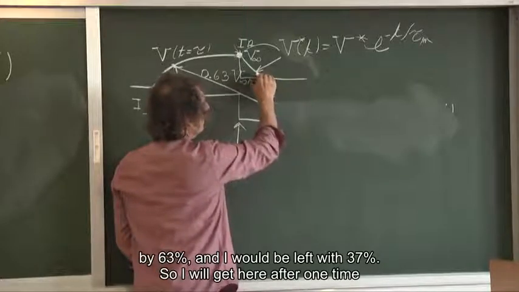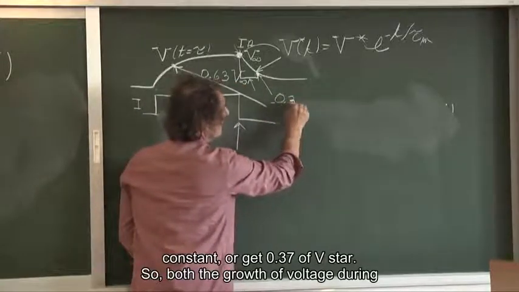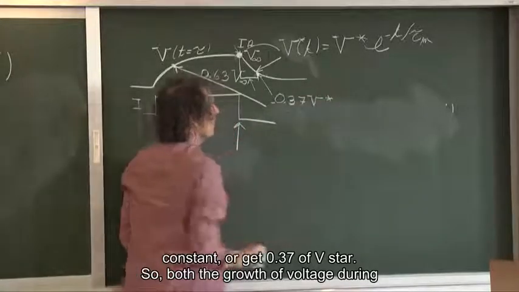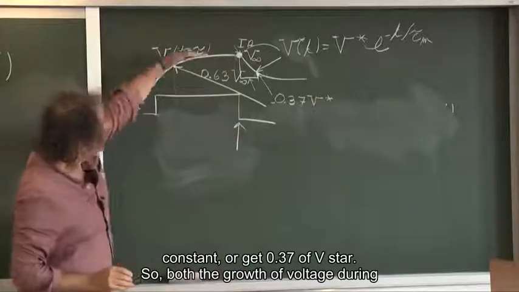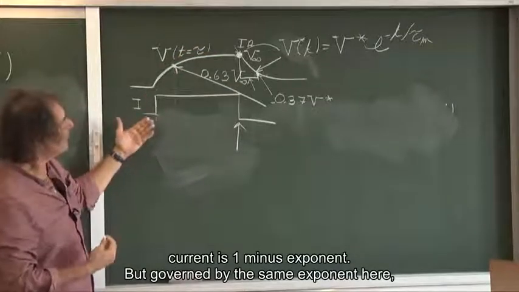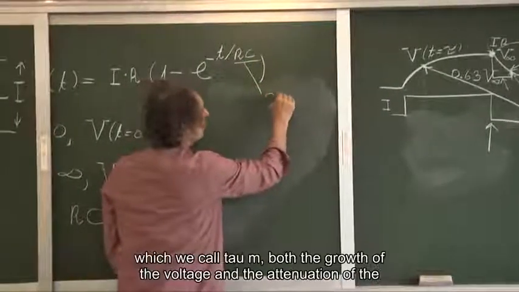So after 1 time constant, I will get 0.37 of V star. So both the growth of voltage during current is 1 minus exponent, and the decay is governed by the same exponent here, which we call tau m.